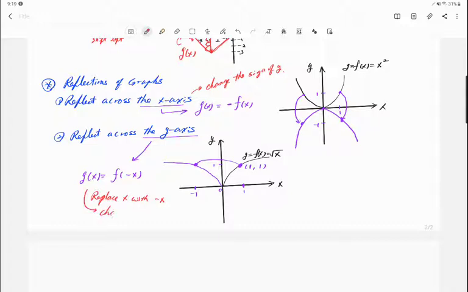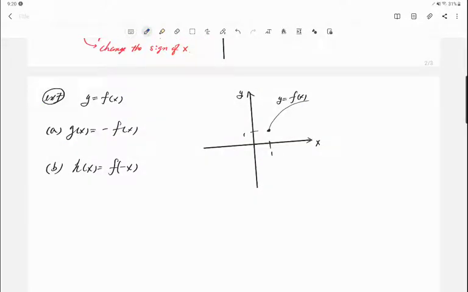The same as this one. Change the sign of x. All right, it's really simple. It's easy to understand. So make sure to change the sign of y, and that is how we reflect the graph across the x-axis. Change the sign of x, then what? We reflect the graph across the y-axis.